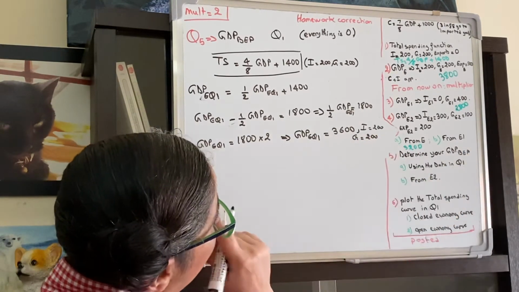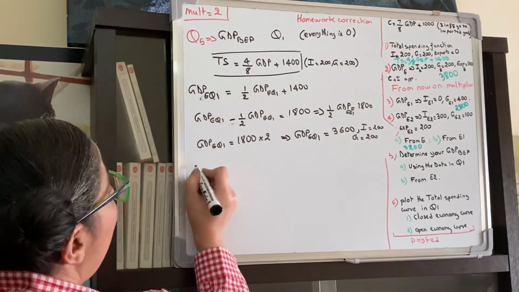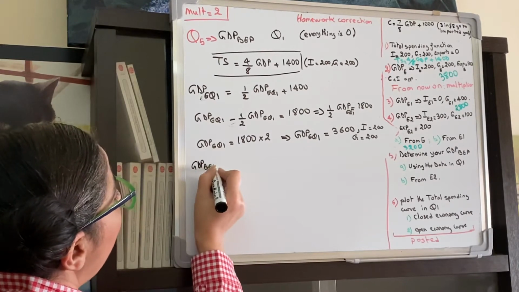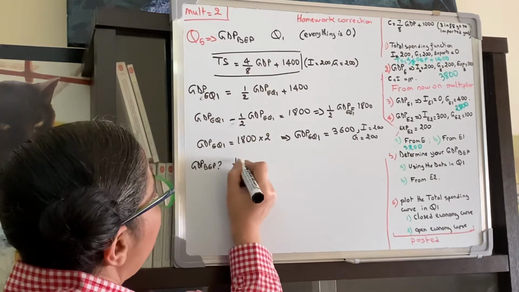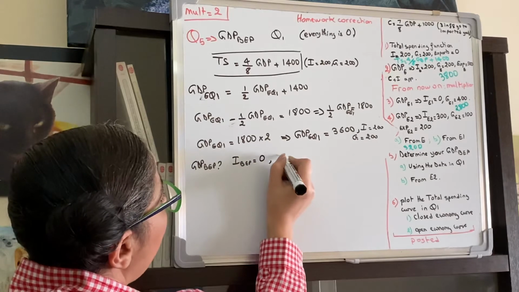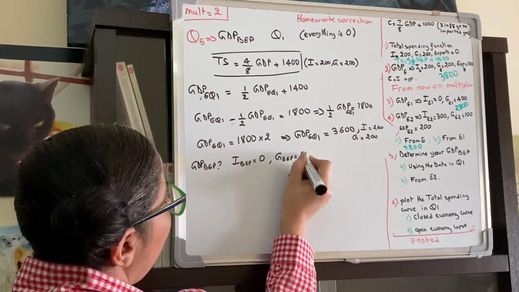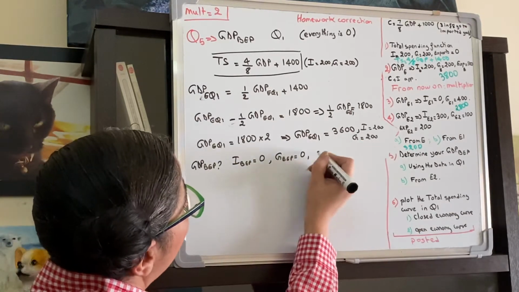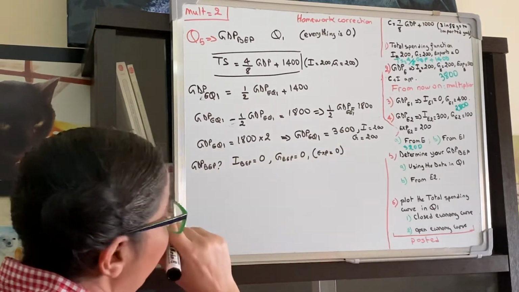I didn't have any exports, hopefully. Now at BEP, GDP at BEP, that's what we're looking for. We don't know how much it is, but we know that I at BEP is equal to 0. G at BEP is equal to 0. Exports also are equal to 0, but we don't have them here. But I'm going to write it. Exports equal to 0.